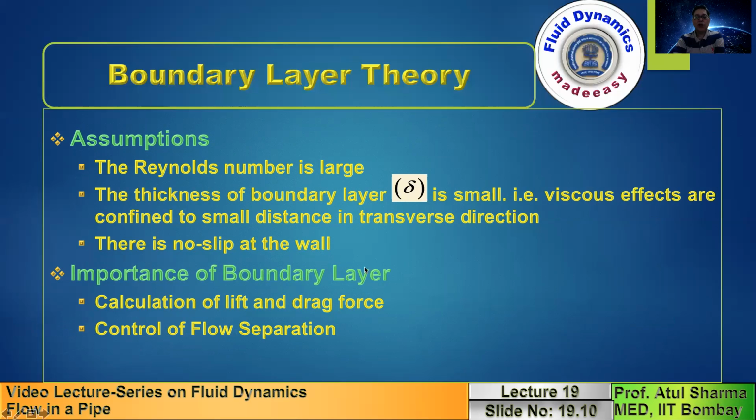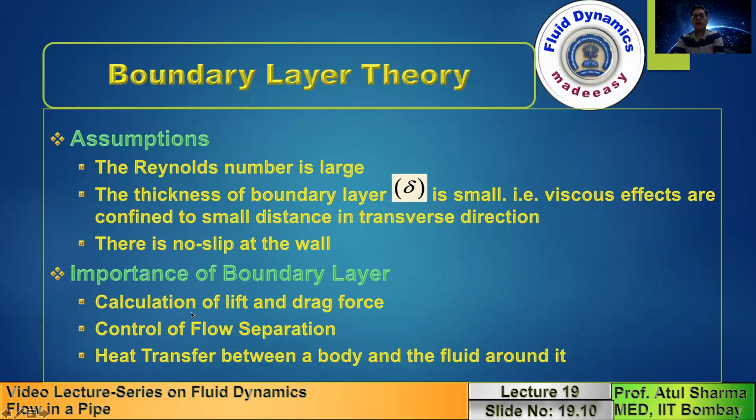The understanding of boundary layer can help you to control the flow separation. Later on, towards the end of this lecture, I'll discuss how we can control the flow separation by the modification of the boundary.